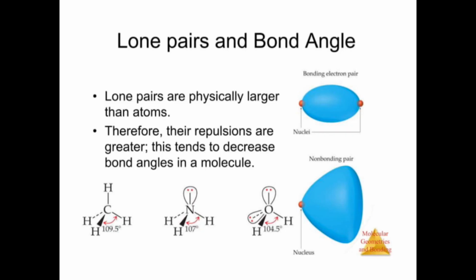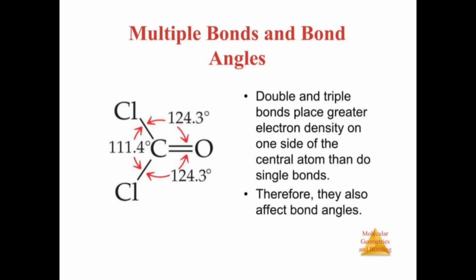At 0 lone pair, you have 109.5. At 1 lone pair, you have 107. It has decreased. By the time you have 2 lone pairs, you have 104.5 or 105 degrees. So an increase in lone pairs decreases the bond angle. It is important you understand this in our study of this geometry. Now let's move on.